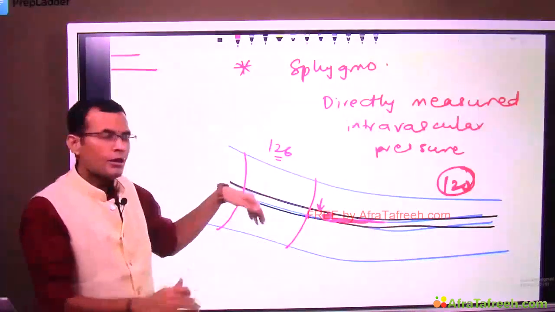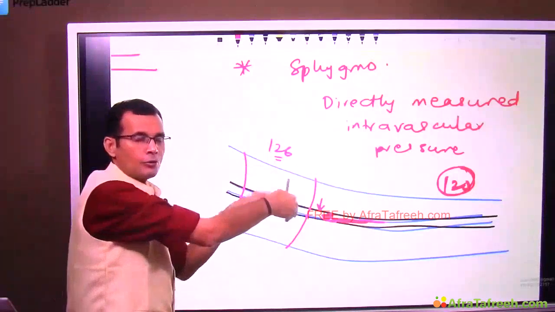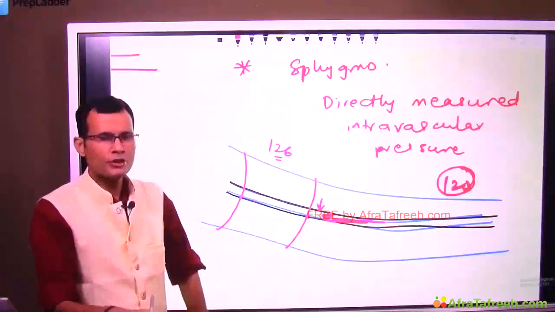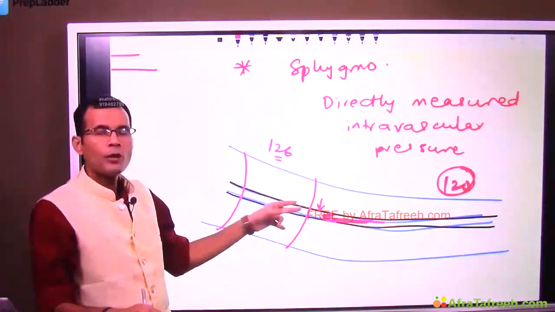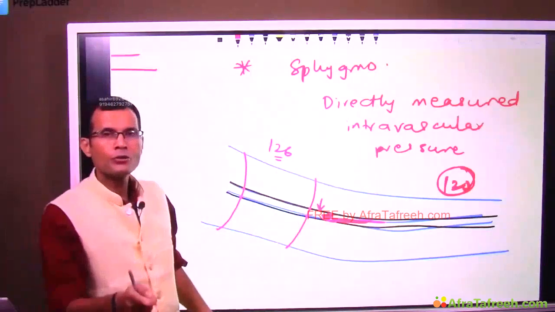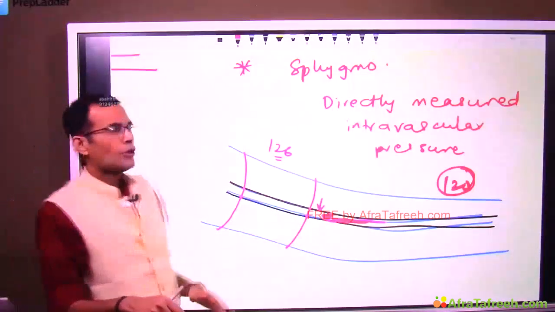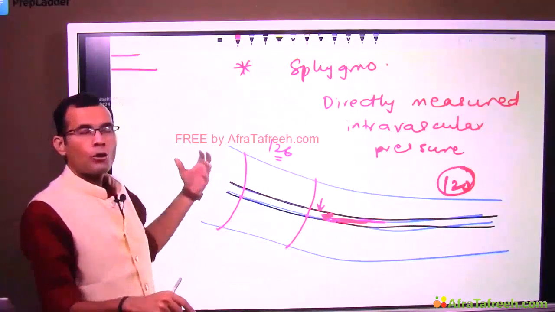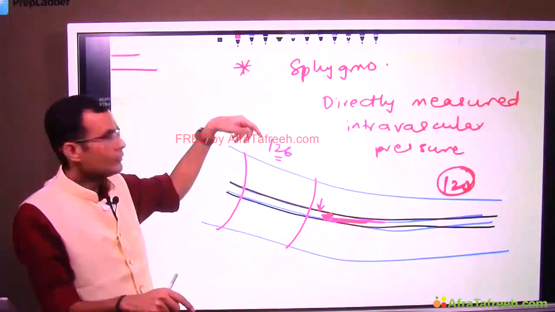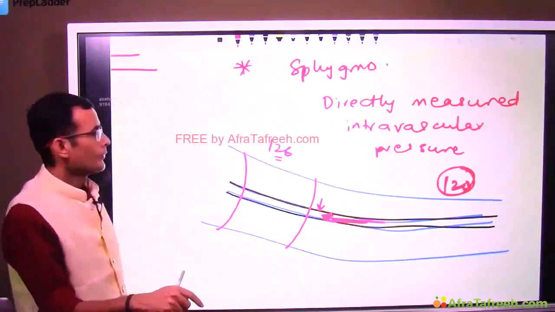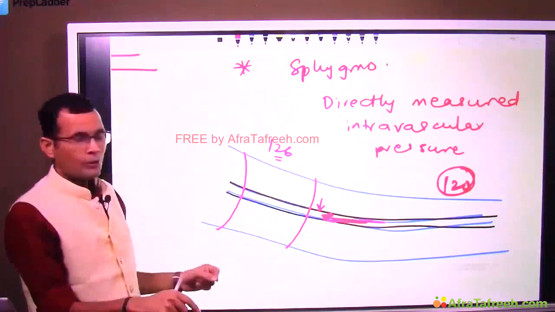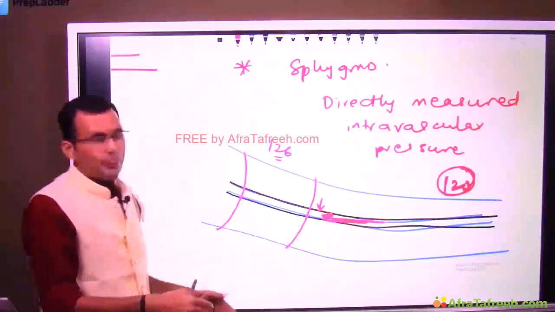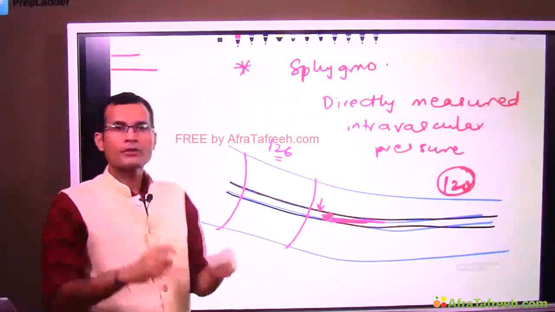So as this cuff pressure reaches just outside the artery, some of it will get dissipated. Let's say 6 mm of Hg, and that means only 120 will reach the artery and will occlude it. So when the actual pressure in the artery is 120, the occlusion pressure by the cuff that we get is 126, and therefore by sphygmomanometry we get a slightly higher pressure as compared to directly measured intravascular pressure.